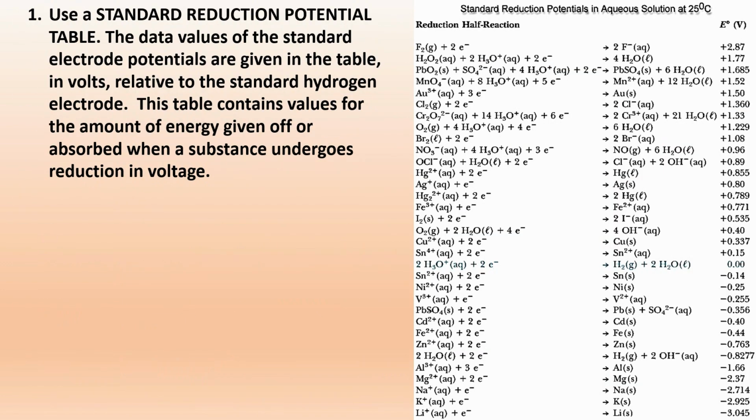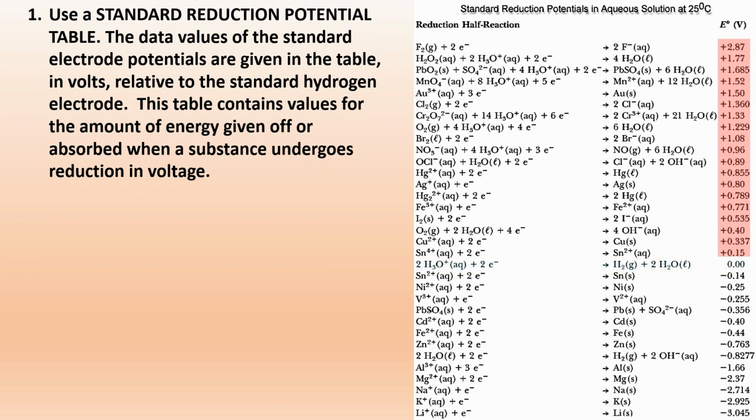In order to determine the standard cell potential, we must begin by using a standard reduction potentials table. The data values of the standard electrode potentials are given in the table in volts. This is all relative to the standard hydrogen electrode, which has a voltage of 0.00.